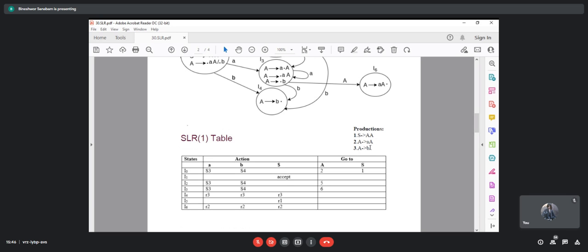What is the follow of A? Follow of A is going to be first of A, that is a, then b, and dollar. So follow of A is going to be a, b, and dollar. So in all places we are going to place reduce.